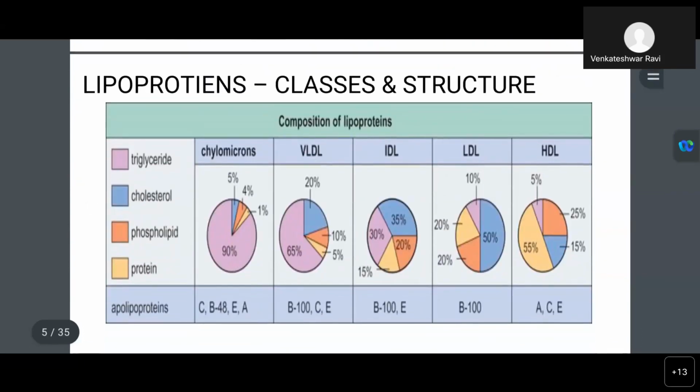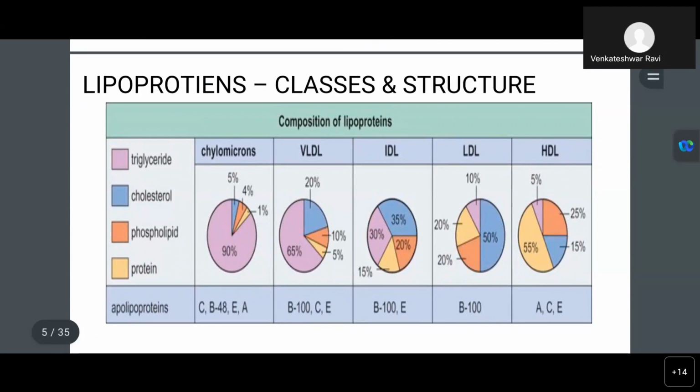Coming to the lipoprotein classes and structures, we have basically 5 major lipoprotein components based on composition, size and electrophoretic mobility. They are chylomicrons, VLDL, intermediate density lipoproteins, LDL and HDL. You can see from the diagram, chylomicrons are 90% triglycerides, amounting to a high risk factor, and they have very few proteins.